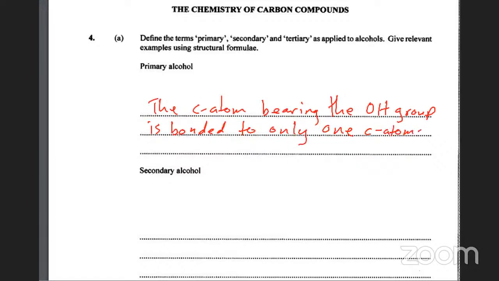And they want an example. As you can see here, the carbon atom bearing the OH group is bonded to only one carbon atom. And then for secondary, we would say this same thing, except we change it to two carbon atoms.